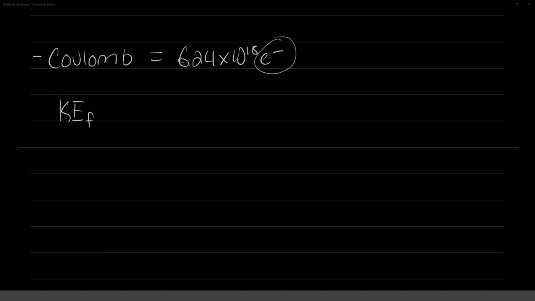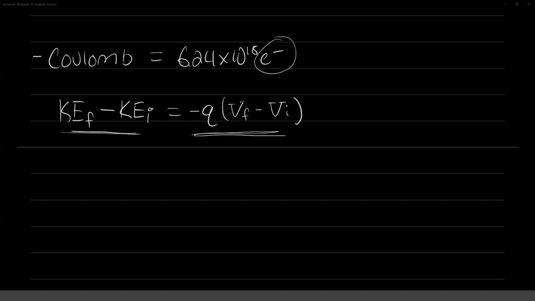This kinetic energy final minus kinetic energy initial is equal to negative charge times the voltage final minus voltage initial. I think there might have been 1 or 2 homework problems that we needed that. But it's basically saying that energy is always conserved. And so these values are going to be equal, because potential always gets converted back to kinetic and vice versa.